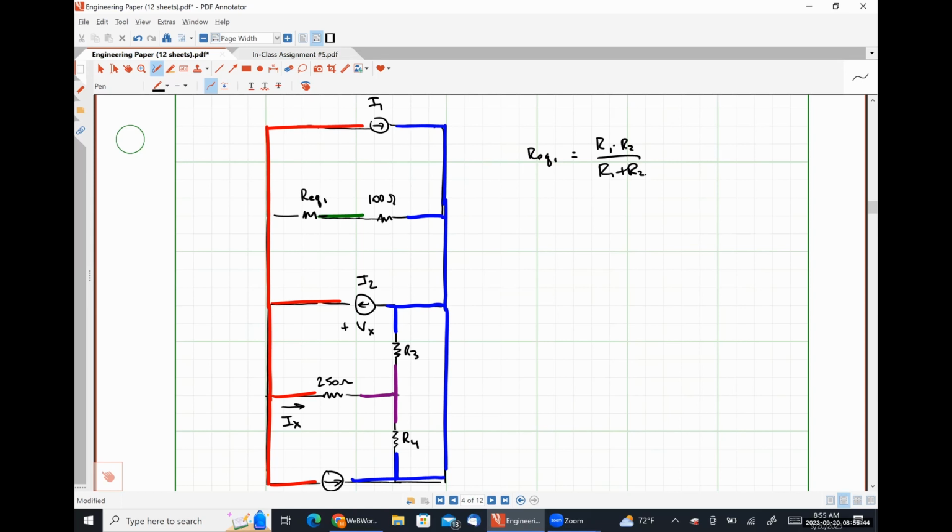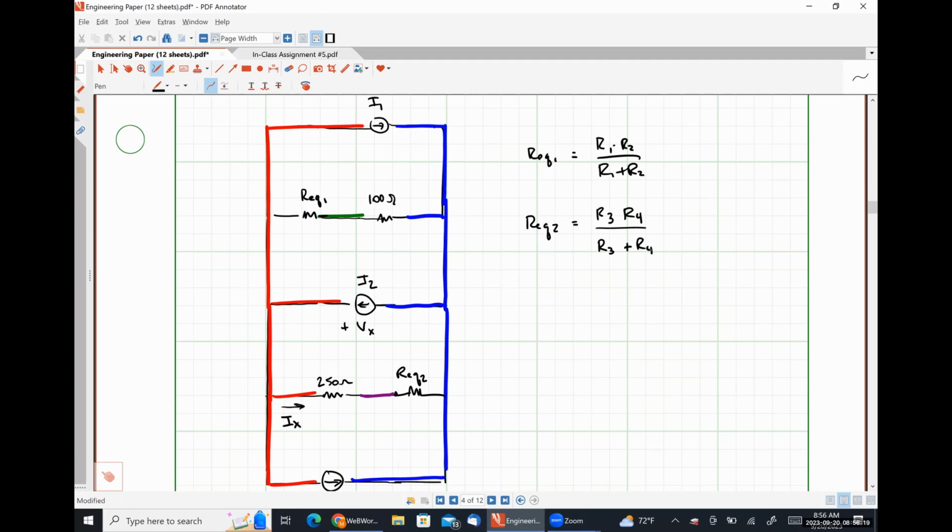I can do something similar for resistors R3 and R4. They are in parallel because they share the blue node and they share the purple node. So let's erase these, where REQ2 is R3 times R4 over R3 plus R4.